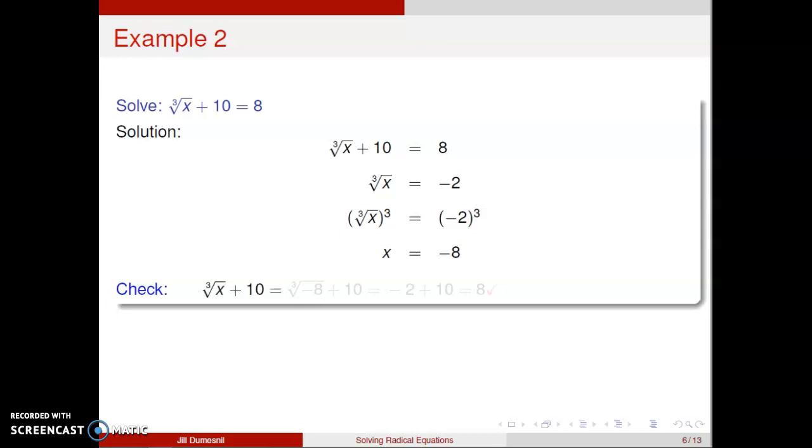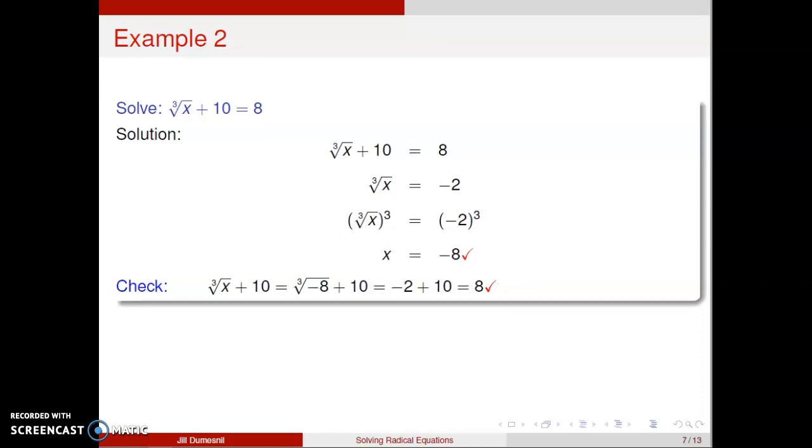The cube root of x plus 10 equals the cube root of negative 8 plus 10. The cube root of negative 8 is negative 2. We add 10. We get 8, which equals the right-hand side of the equation. So this checks in the original equation, and therefore x equals negative 8 is the only solution to the equation.